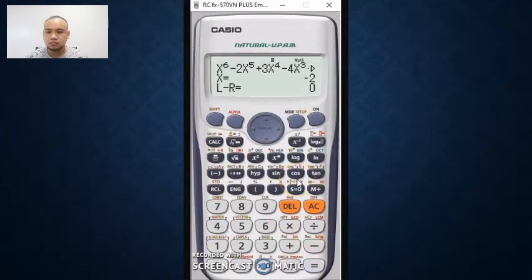Shift solve, and that's the answer, negative 2.